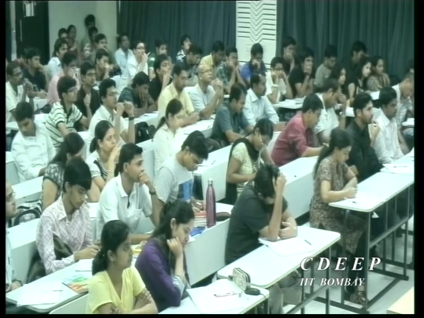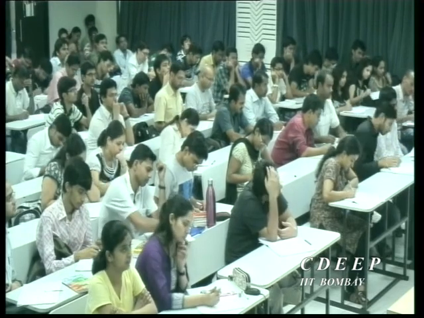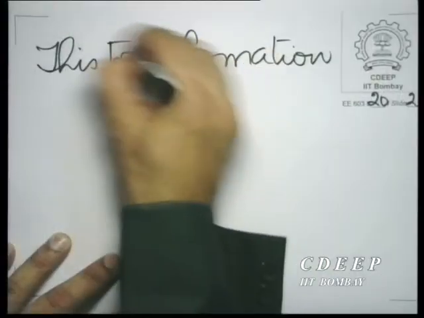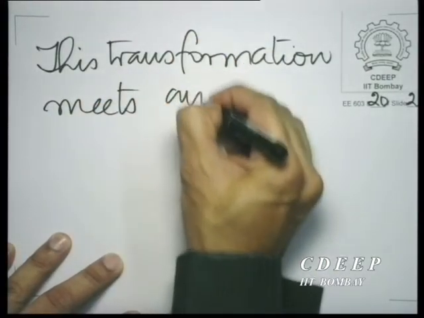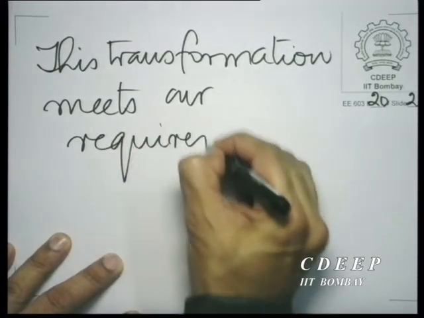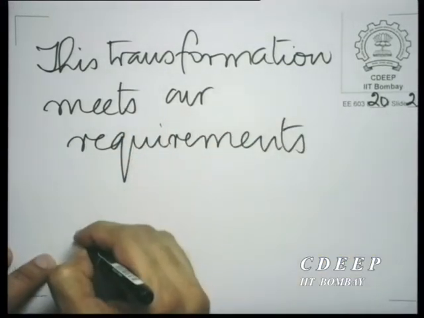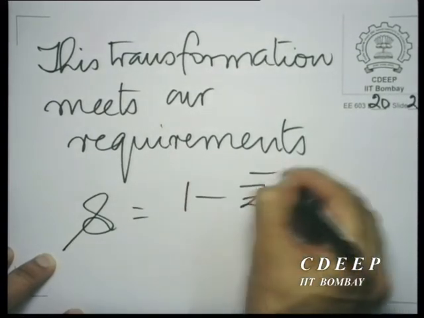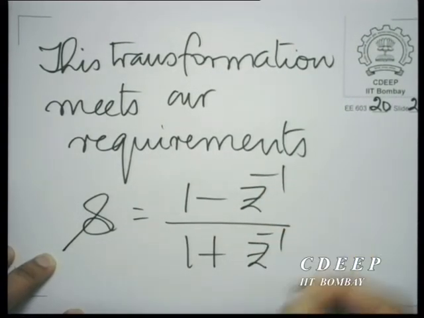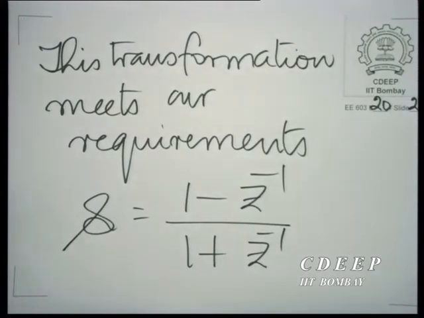This transformation meets our requirements. S is (1 minus Z inverse) by (1 plus Z inverse). Now, as a point for further reflection, I put the following question to you.